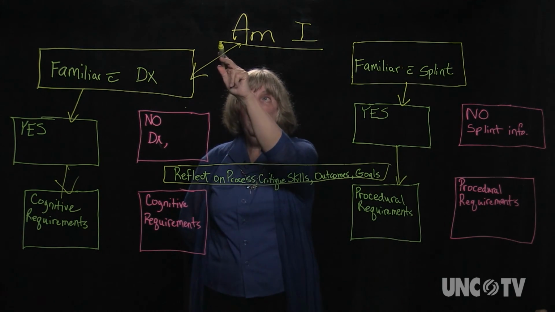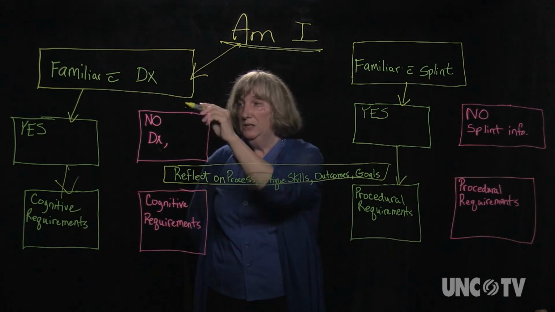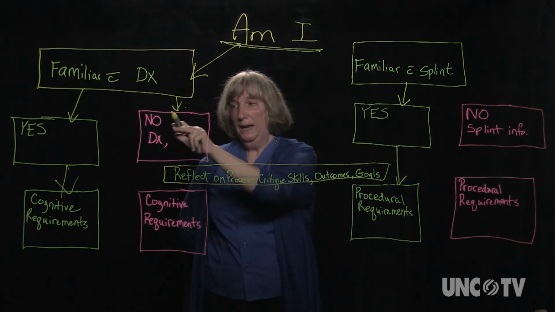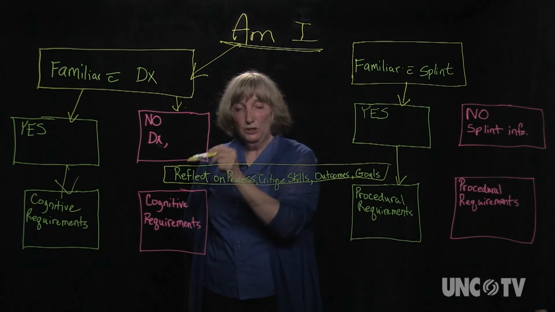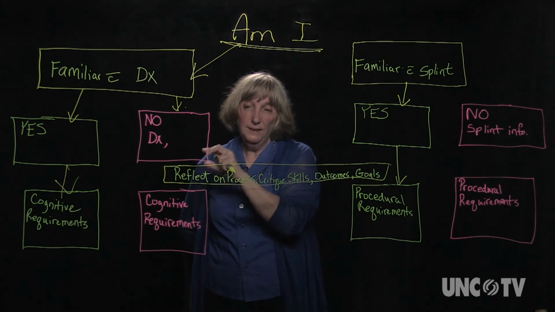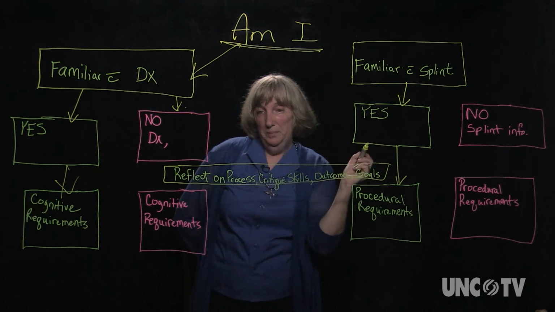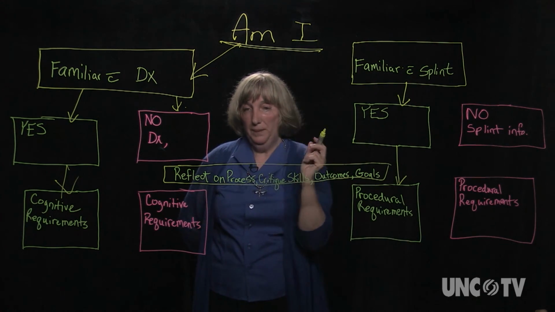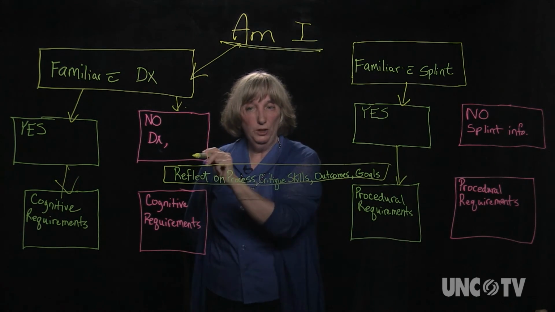So again, I'm going back up to the top. Am I familiar with carpal tunnel? If I do not understand what carpal tunnel is, then I need to communicate with the physician. I need to seek information from the handbooks, certified hand therapists, my coworkers, and the hand literature and get more familiar.